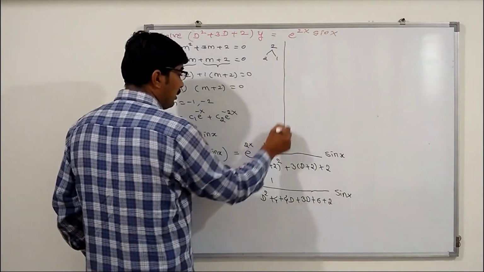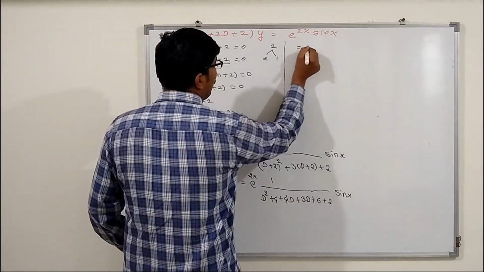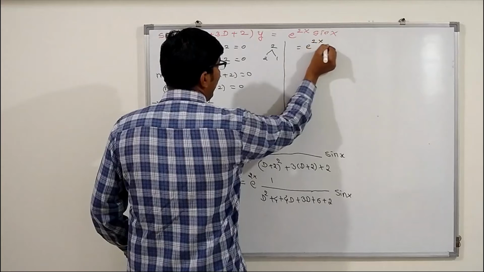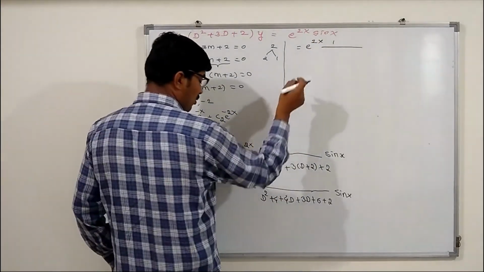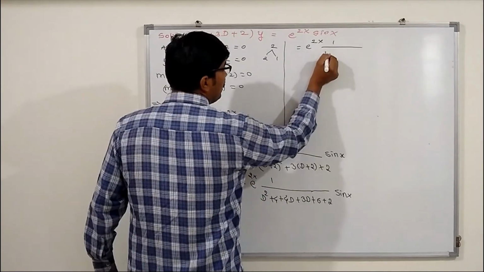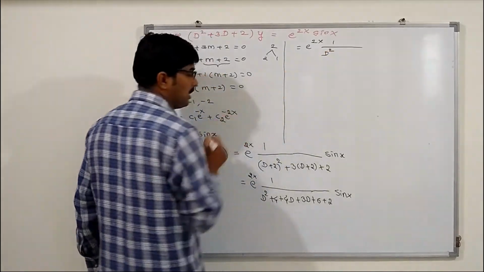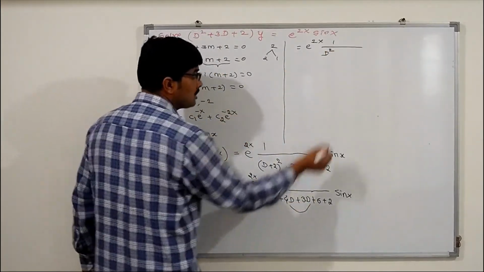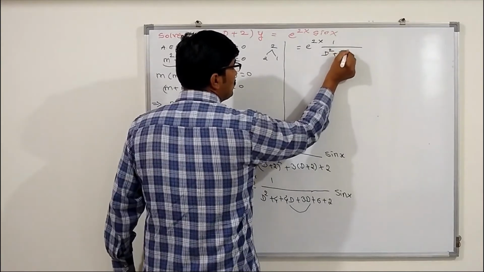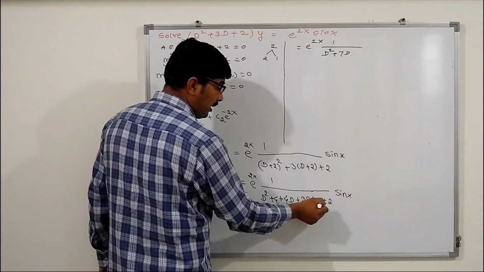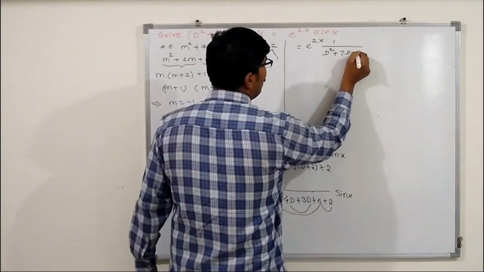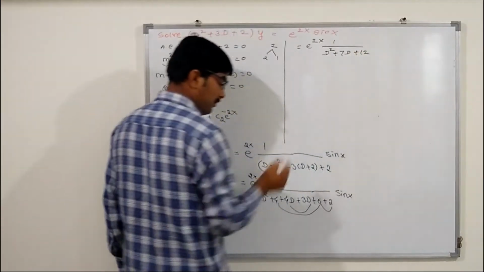That is equal to e raised to 2x, 1 divided by, collect the terms containing D square, D and constant. The term containing D square is only one term, that is D square. Now 4D plus 3D is equal to 7D. Then 4 plus 6 is equal to 10. 10 plus 2 is equal to 12.